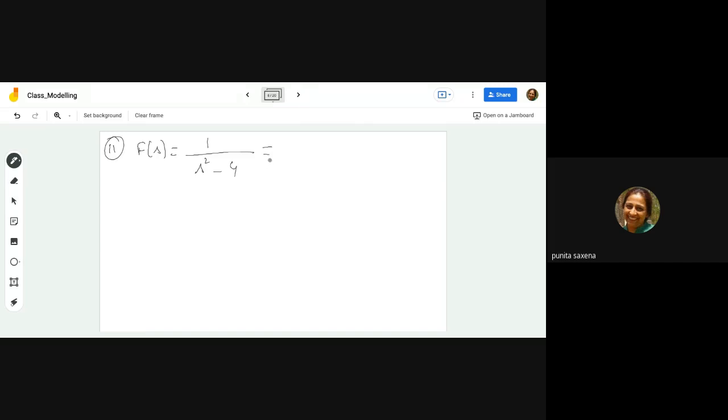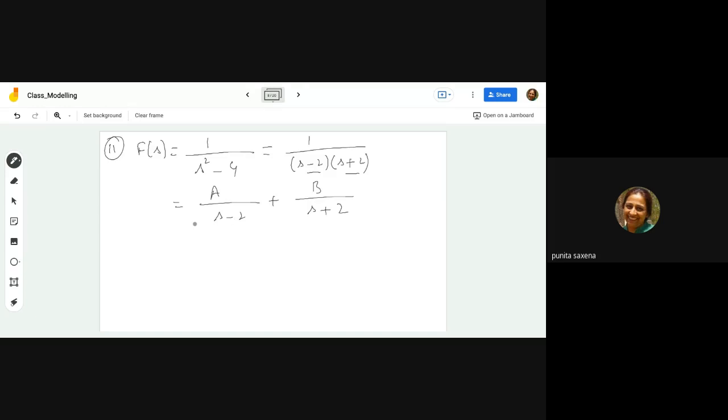For this we don't have a result, and we cannot even write it as s minus a or something. But one thing I see from here is that I can write it as two linear factors, which we can split into partial fractions like this: A upon s minus 2 plus B upon s plus 2.